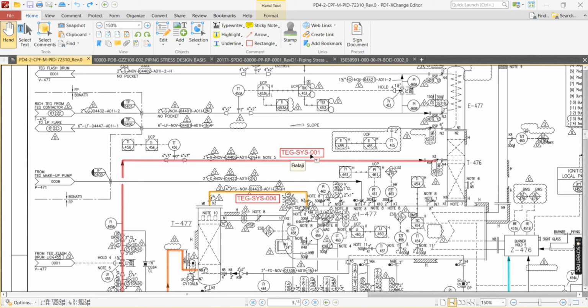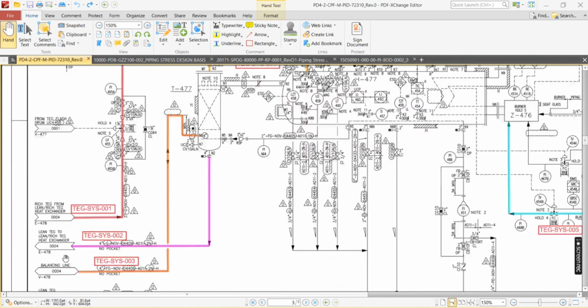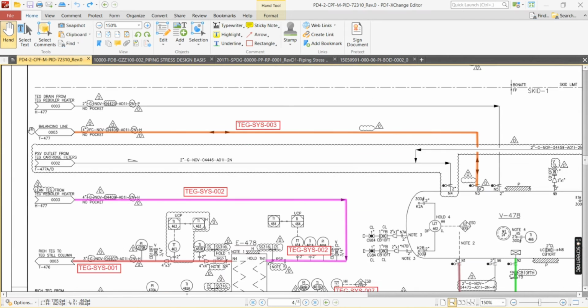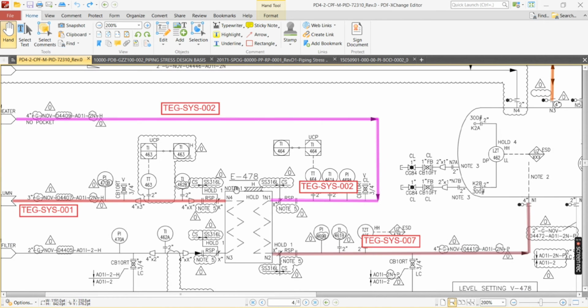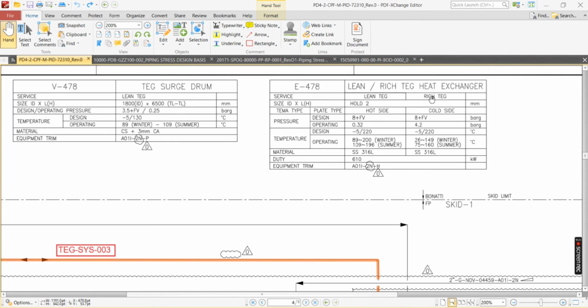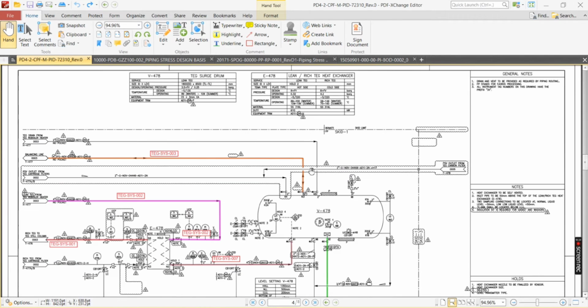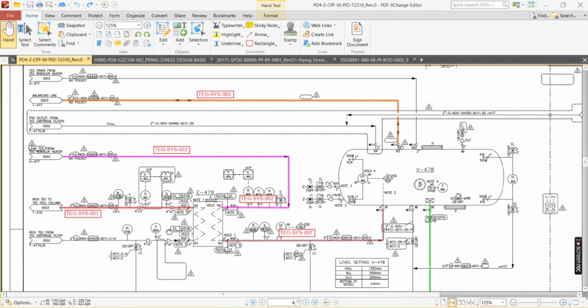Here we are given TEG system 1. So this line is going to 004. You see, this is from still column T476 and it is going to a heat exchanger E478, a plate type heat exchanger. Okay, so we have considered it as one system.